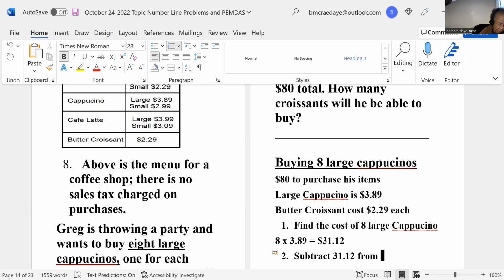So do that. $30.32. 31.12 from 80 is what? Wait a minute. 31.12 subtracted from 80 equals $48.